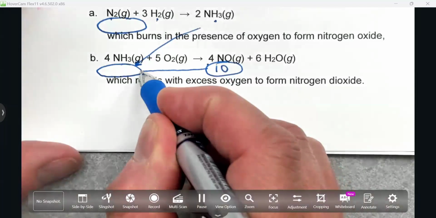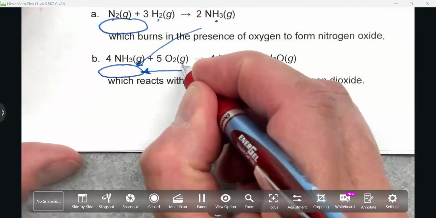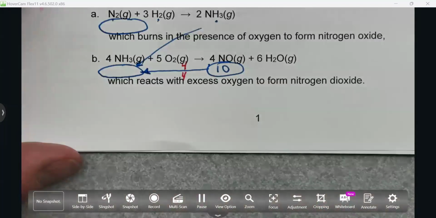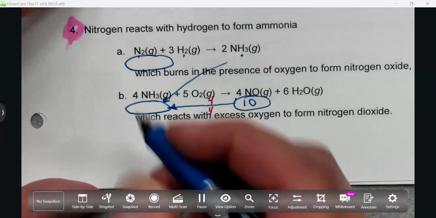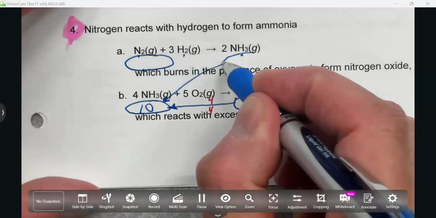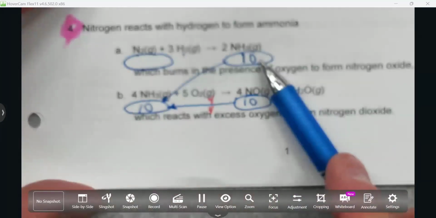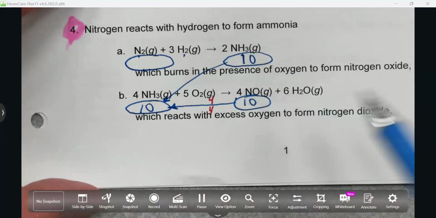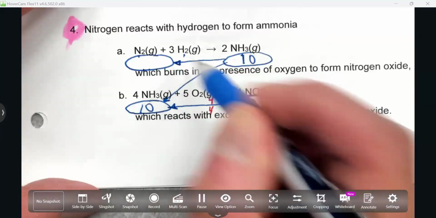And my mole ratio here is 4 to 4 or 1 to 1. So that would be 10 moles of NH3 that we started with. That 10 moles of NH3 was produced at the end of this reaction as a product. So how many moles of nitrogen would we have to start with?